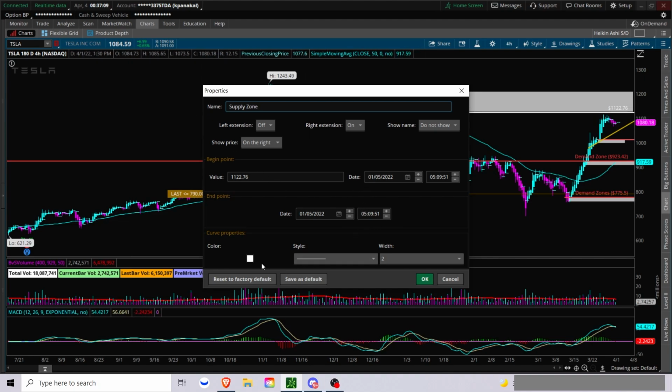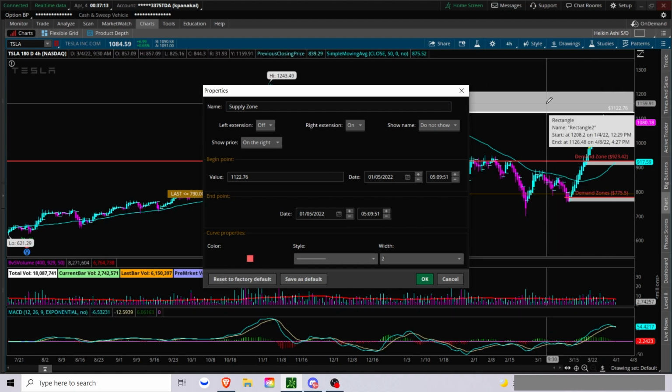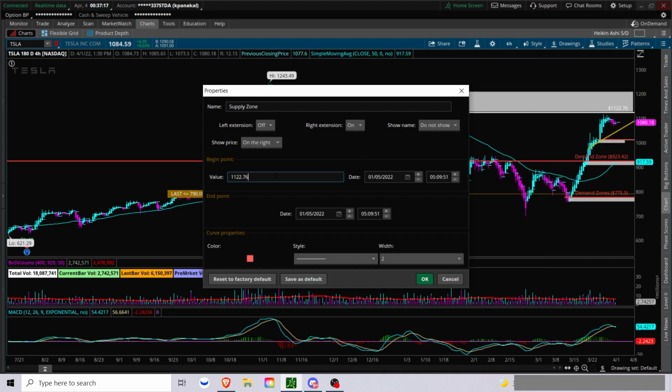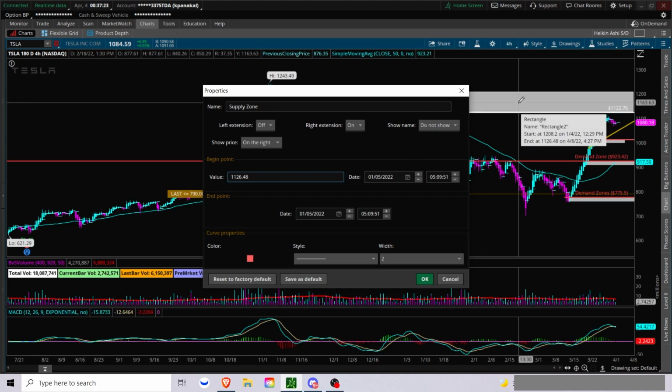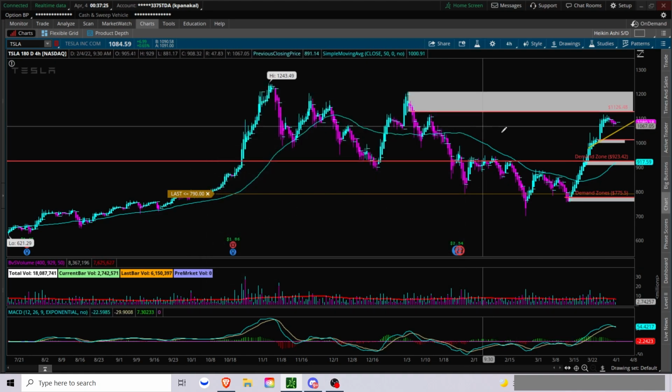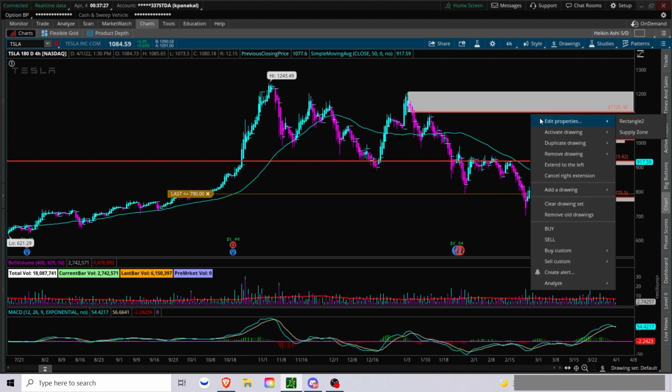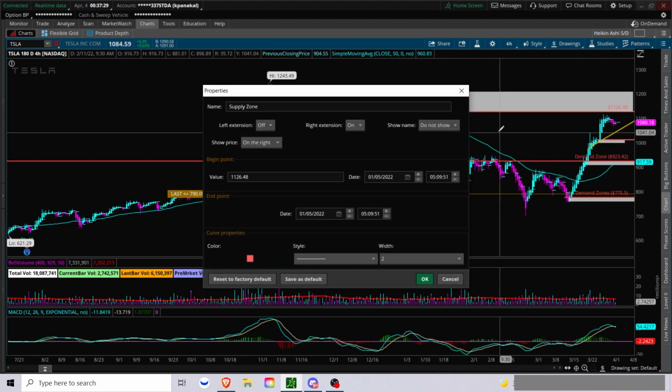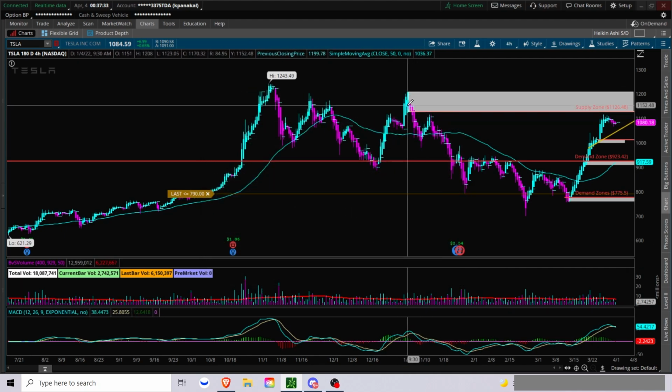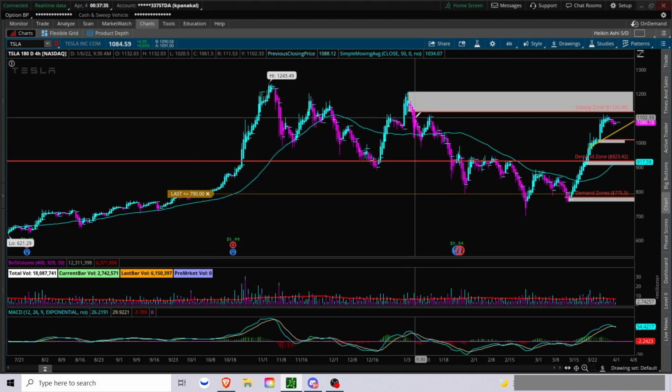And let's see. It starts off at $1,126.48. Right, that's what I said. So we have a supply zone right over here. It's pretty strong too, based on the strength of the movement afterwards.